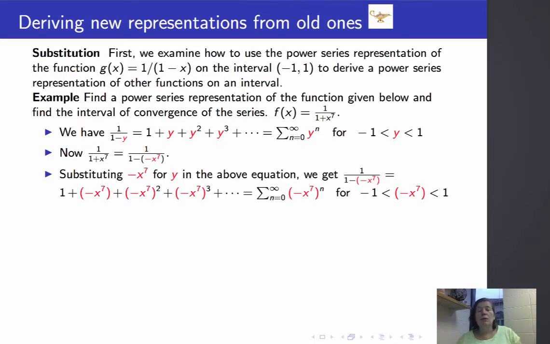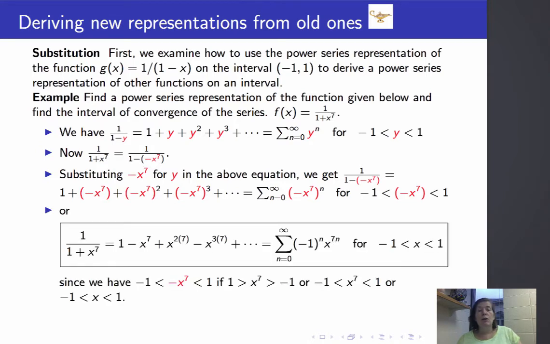And substituting minus x to the 7 for y in the above formula, I get 1 over 1 minus minus x to the 7 is the sum from 0 to infinity of minus x to the 7 to the n, for all values of x for which minus 1 is less than minus x to the 7, which is less than 1. And of course this tells me that 1 over 1 plus x to the 7 is the sum of minus 1 to the n times x to the 7n for values of x between minus 1 and 1.